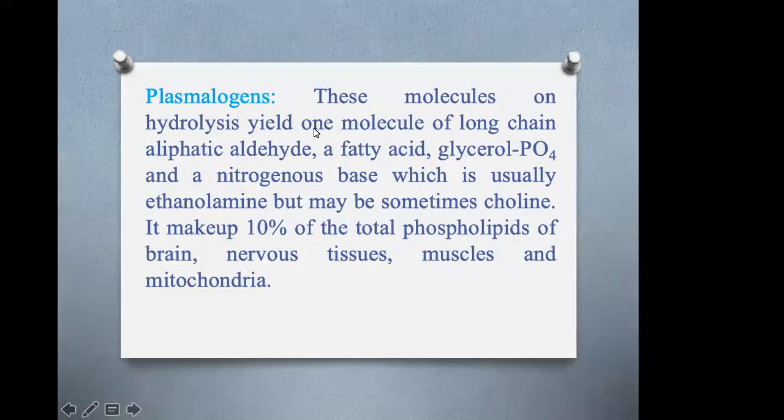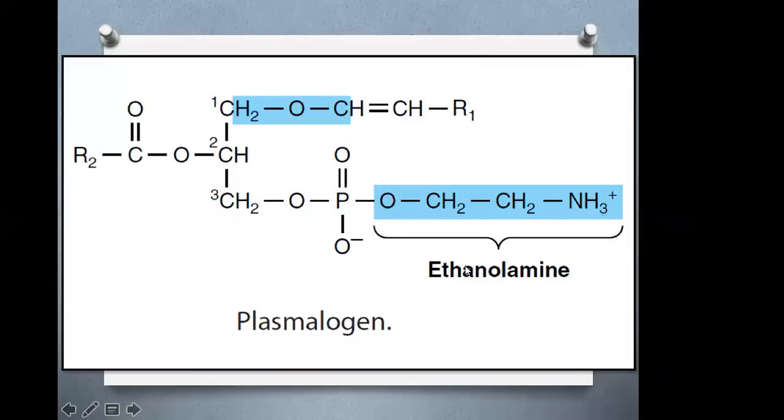Now, what is plasmalogen? These molecules on hydrolysis yield one molecule of long-chain aliphatic aldehyde, a fatty acid, a glycerol phosphate, and a nitrogenous base, which is usually ethanolamine. So the nitrogenous base group here is also ethanolamine.